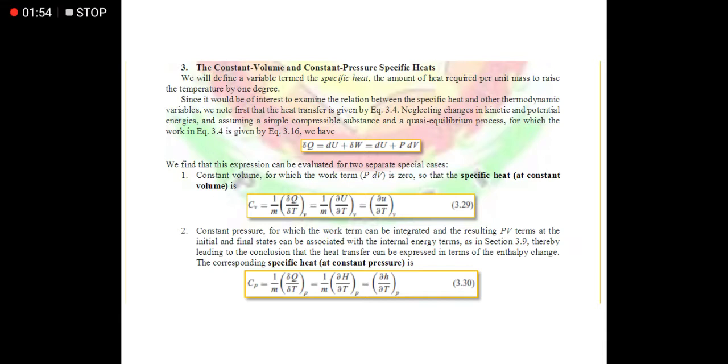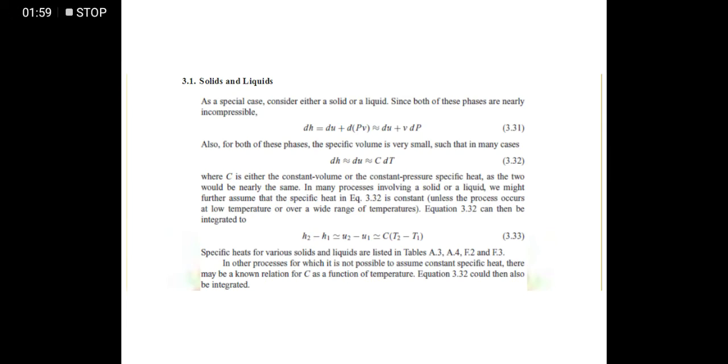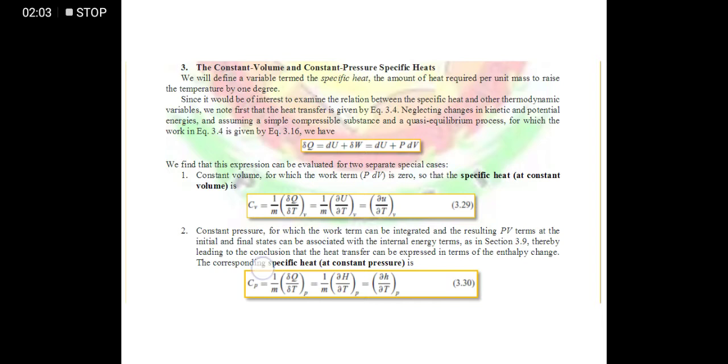So 'pag lower density ka kasi, just like for gases, we can say the relationship between the temperature and the specific heat is defined by this equation 3.29 and 3.30.